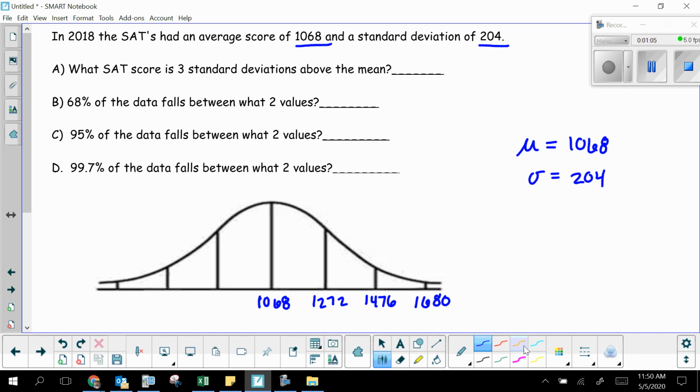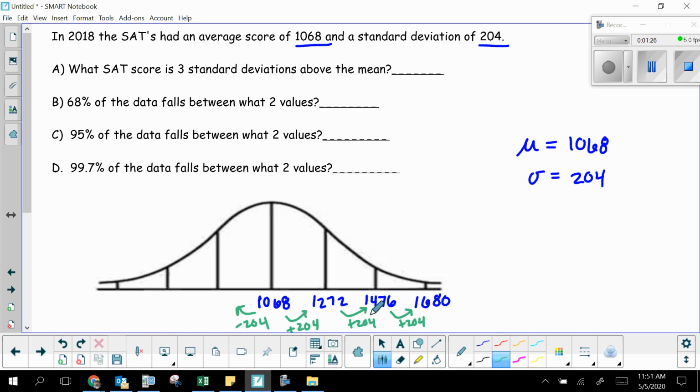Once again, all we're doing is adding 204 as we go to the right. As we go to the left, we're going to do the opposite, and we're going to subtract 204.